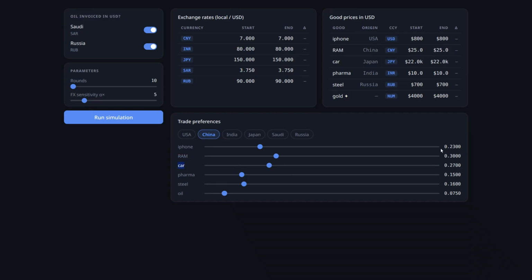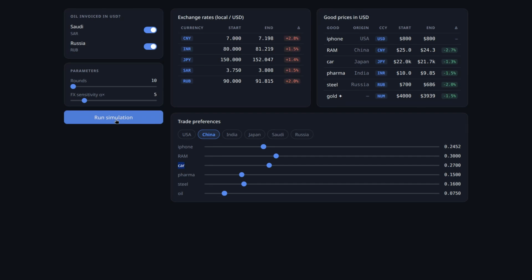These numbers are arbitrary, just some percentage of some total budget. So we can increase a little bit from 23 to 24, let's say. Then run 10 rounds of the simulation, and what happens?